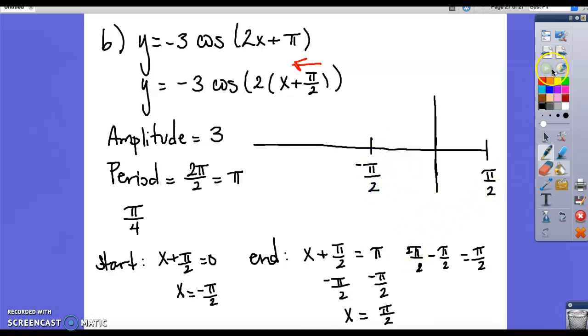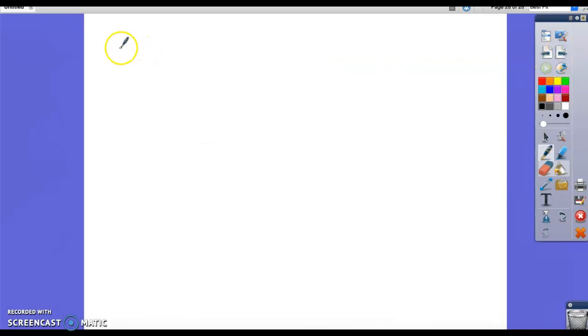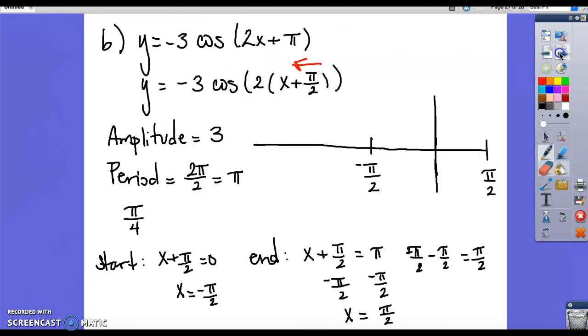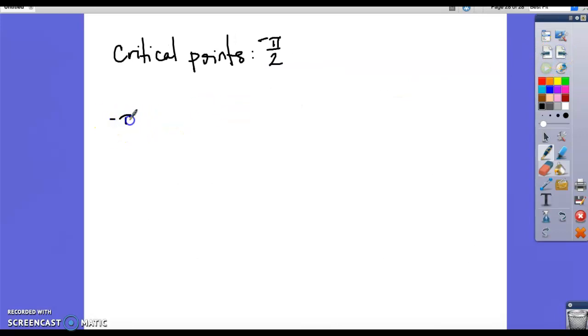Okay, and so I'm going to lay out these critical points here. I probably should have done that before I did this, but I'm going to start at negative pi over 2. The interval between my critical points is pi over 4, so I'm going to take negative pi over 2 plus pi over 4.